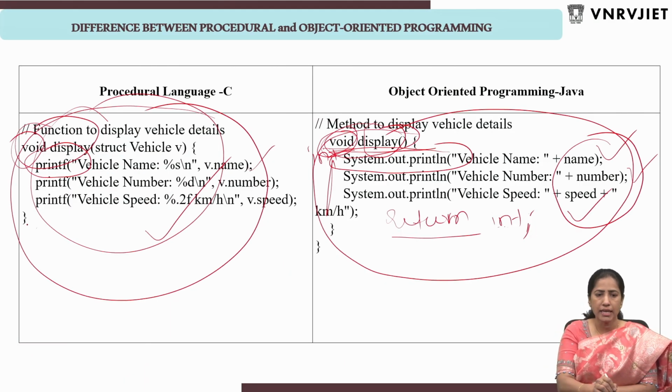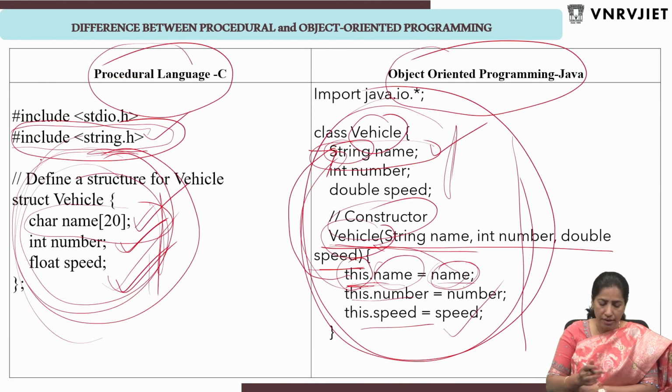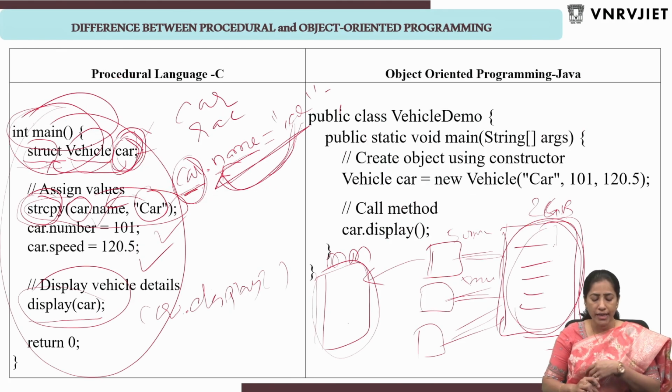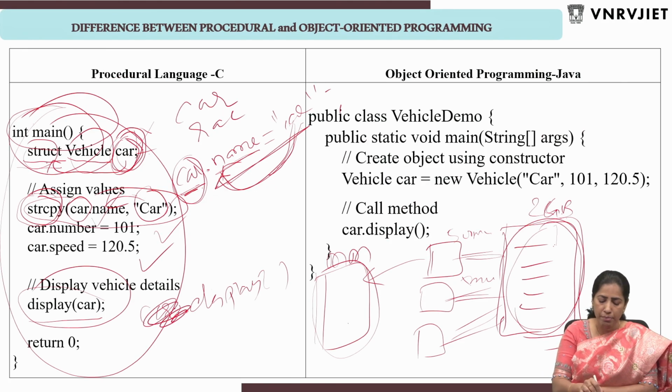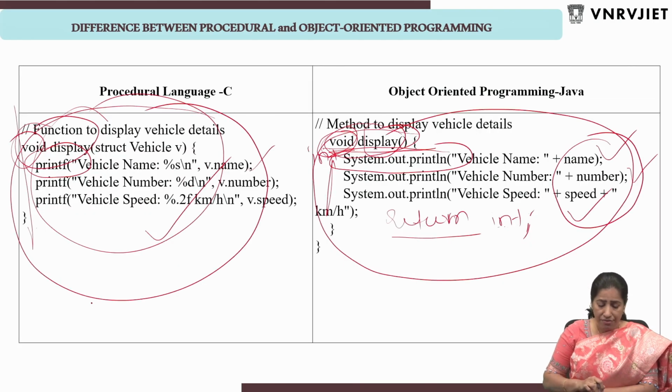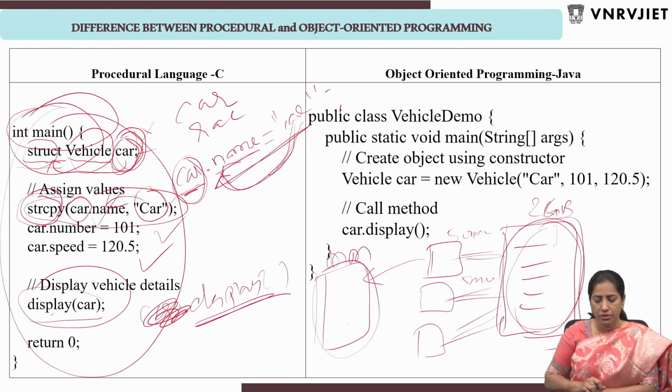Here display is declared outside of the structure. So I don't need to use the structure variable to call this method. I can use just display. But display has a parameter inside it. What is the parameter? The vehicle structure variable, vehicle name parameter. So I am passing the structure variable car here.